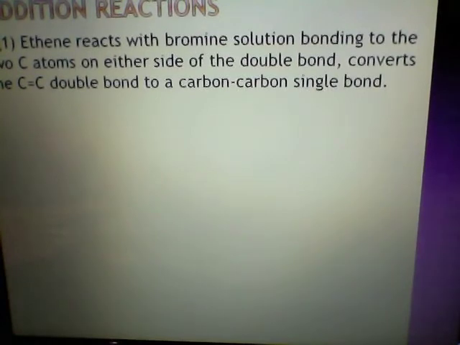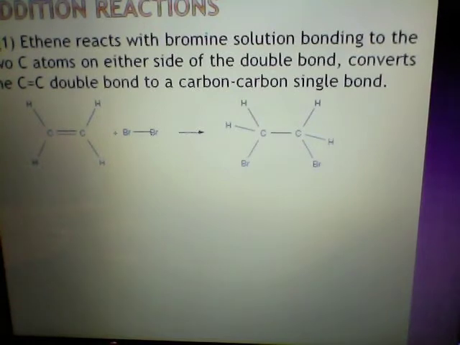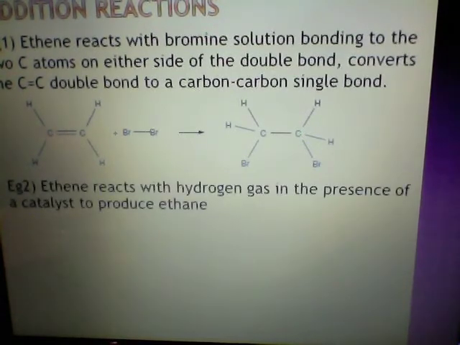We have some other examples of addition reactions, and we're going to go through this in year 12 again, but it's good if you become familiar with it early. So ethene can react with bromine, as we said before, to form 1,2-dibromoethane. Ethene can also react with hydrogen in the presence of a catalyst to produce ethane.